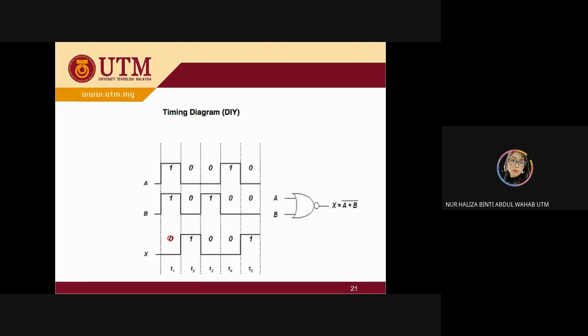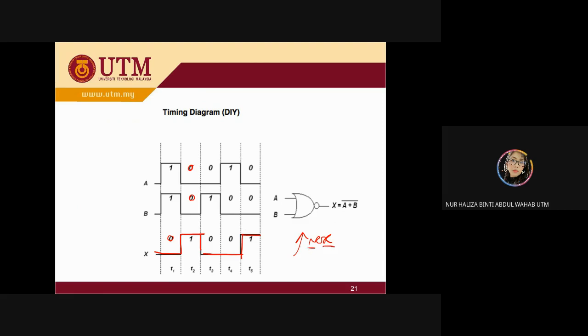That's why it's easy for you. You find 0 0, you put 1. The rest will be 0, and then you connect them together. This is for your NOR gate, which is a combination of OR and also NOT.